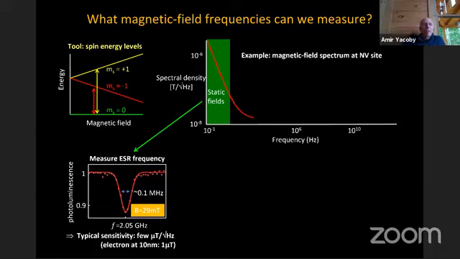And since the fluorescence in the excited state is lower than that in the ground state, you get a drop in fluorescence. This bottom left panel shows a scan as a function of frequency, and you indeed see a lower number of photons per unit time emitted from this defect at a frequency that precisely corresponds to the magnetic field that dictates the energy separation between the ground and excited state.